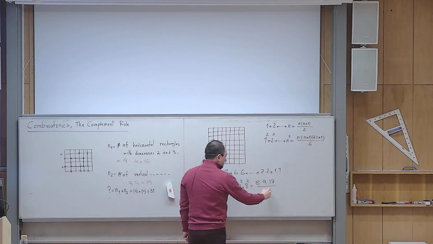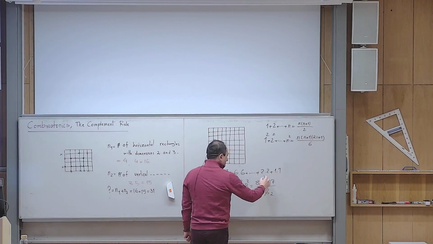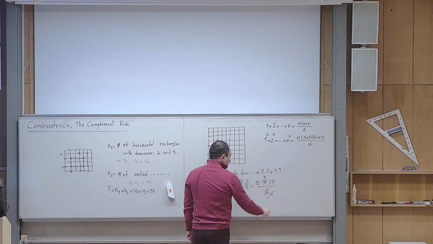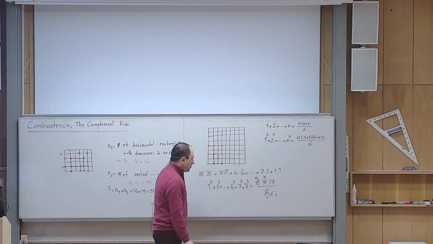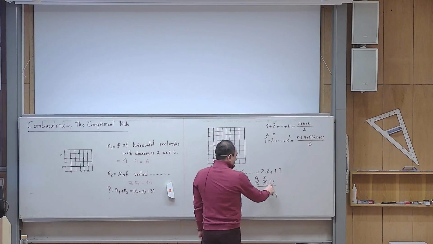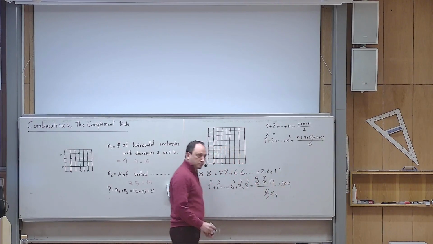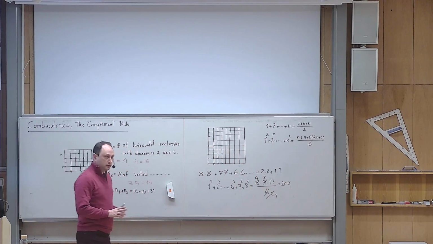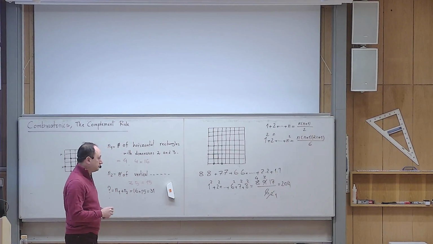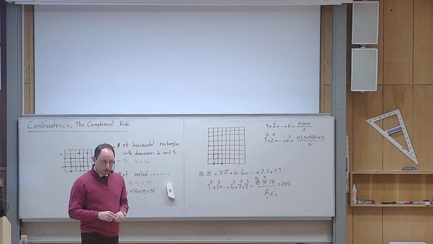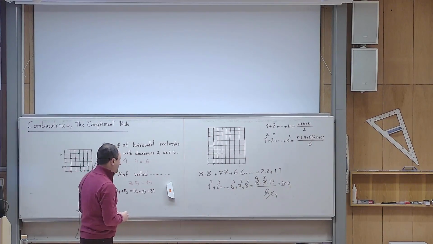So 6 by 3, 2 times, 9 by 3, 3 times, 2 by 2, 1 times, 8 by 2, 4 times. Yes? So that becomes 51, and then this becomes 204. So the answer is 204, yes? So there are 204 squares in total that we can imagine in this one.